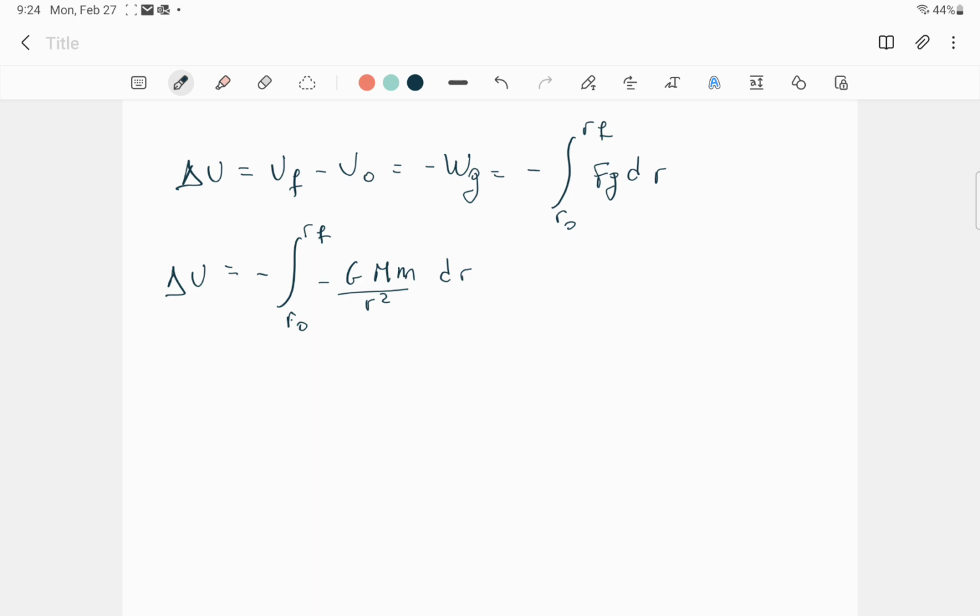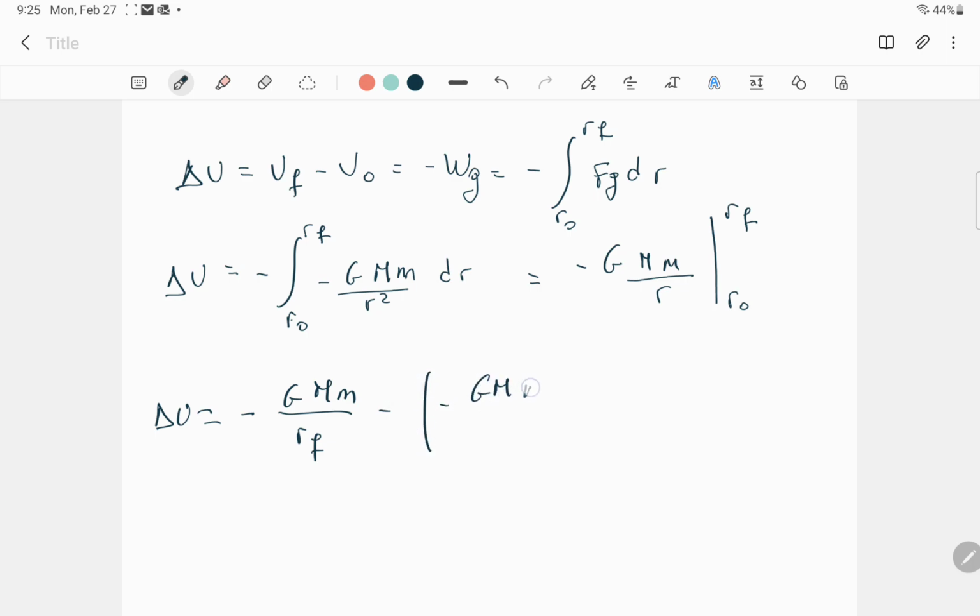When you solve the integral, you find, like we said already, GMm over R. Since you have to substitute between R0 and R final, delta U becomes minus GMm over R final minus GMm over R initial.